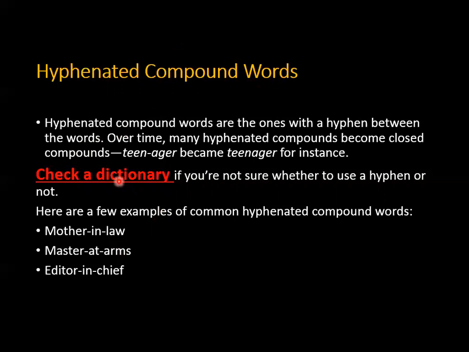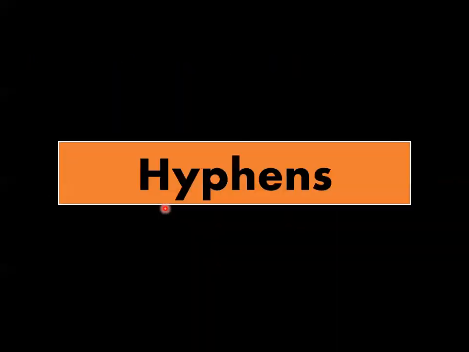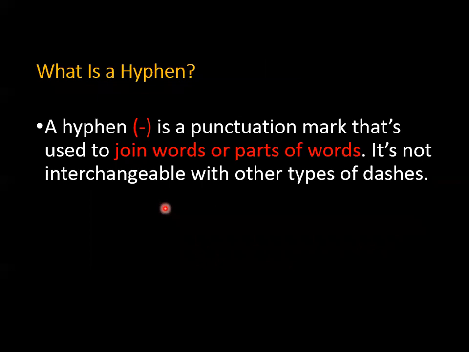So if you want to know if the compound word or a compound noun is hyphenated, you have to check the dictionary. So again, quickly, what did we talk about today? We talked about hyphens, and we said that a hyphen is a punctuation mark that joins a word or parts of words. It's not a dash. It's completely different from a dash. We will go to the dash in a coming lesson.